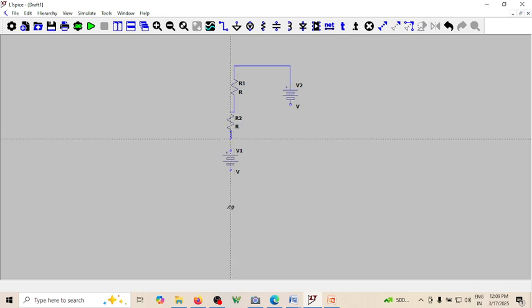This is coming down all the way here. I can connect it all the way up here. Then I will use ground. This is grounded.